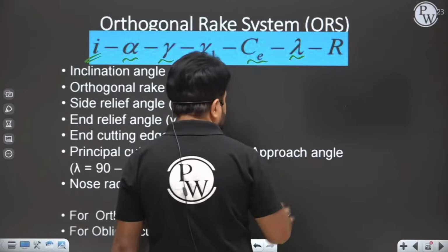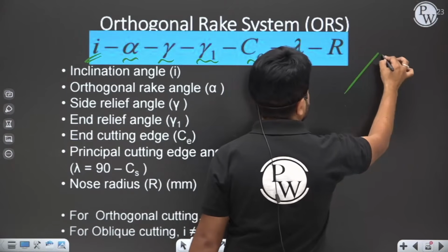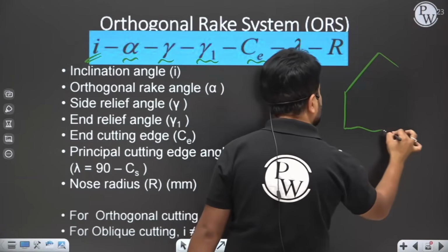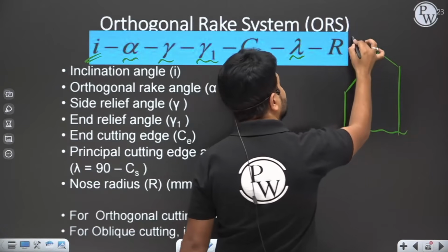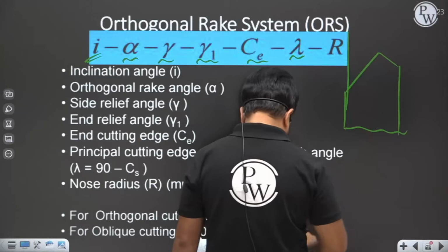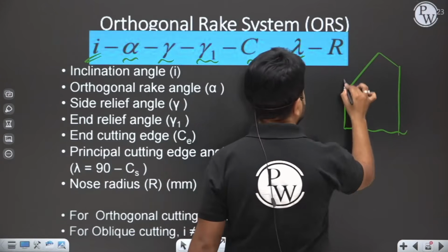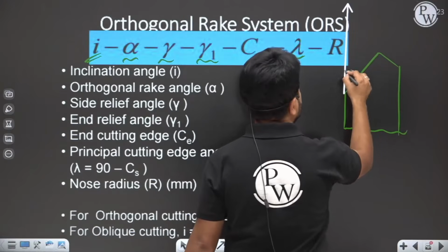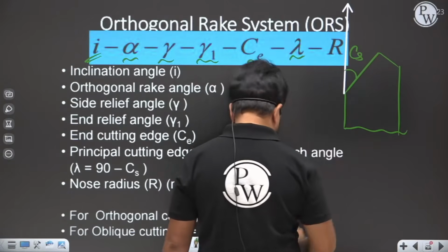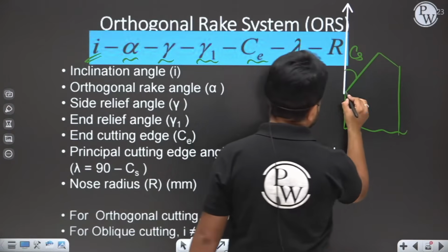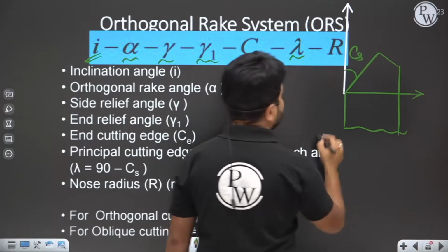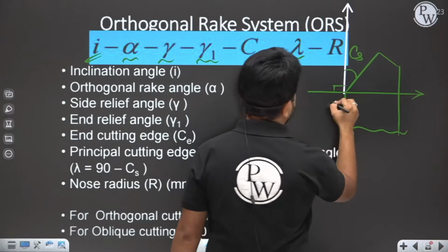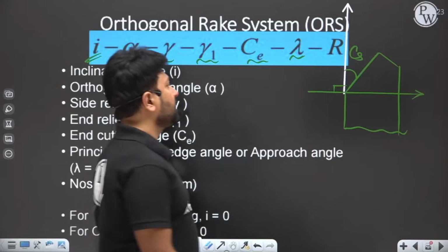My dear, if I draw the tool, this is the tool, and this is CS. Now see this line, this is perpendicular.